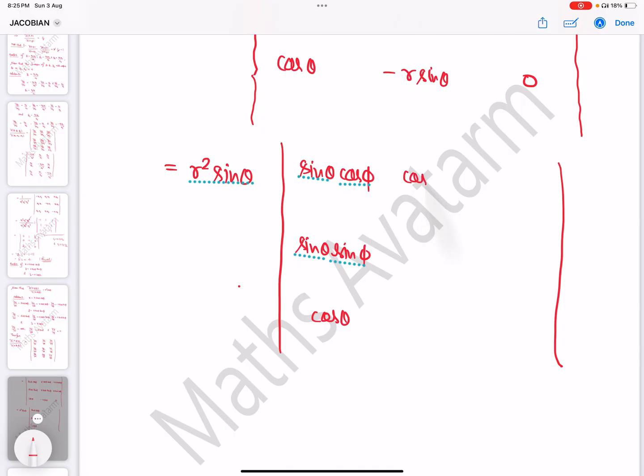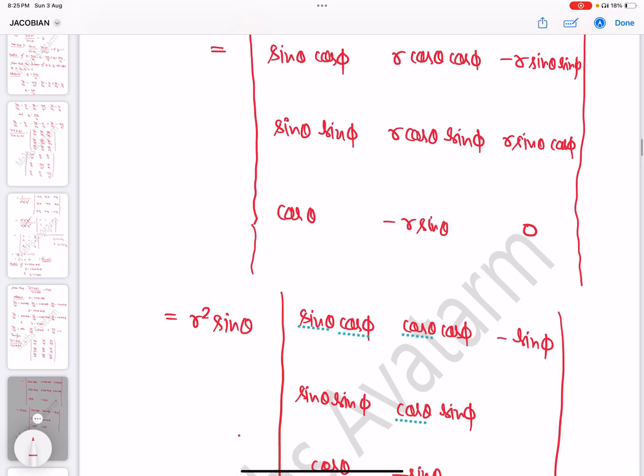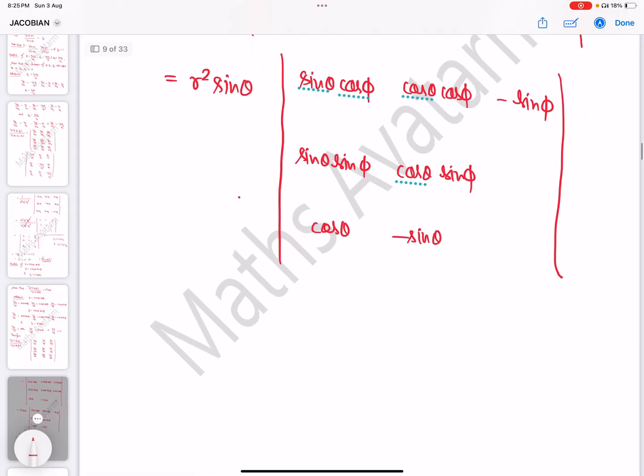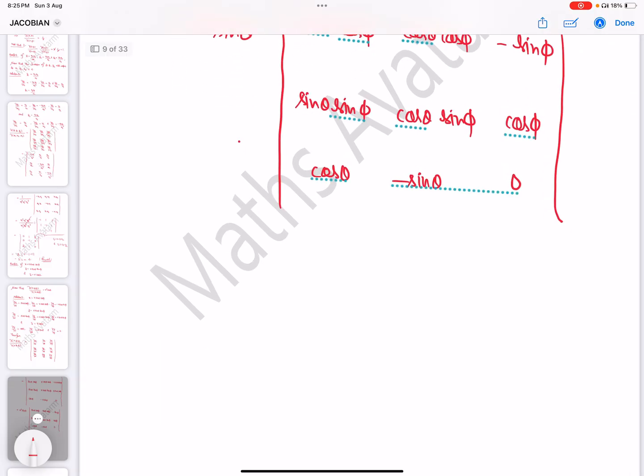So cos theta cos phi, okay, cos theta sine phi, and this is sine theta minus sine theta. And from here we have taken r sine theta common. So minus sine phi, okay, cos phi, 0. Okay, now solve it.